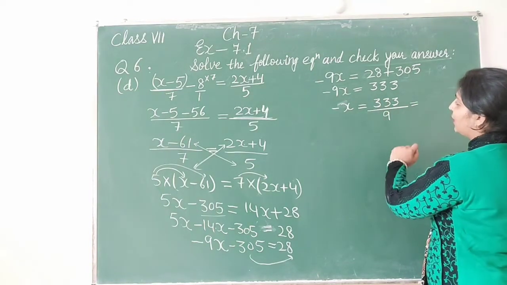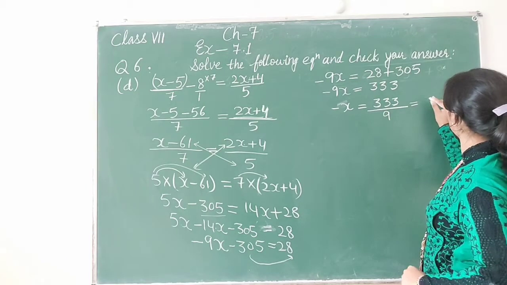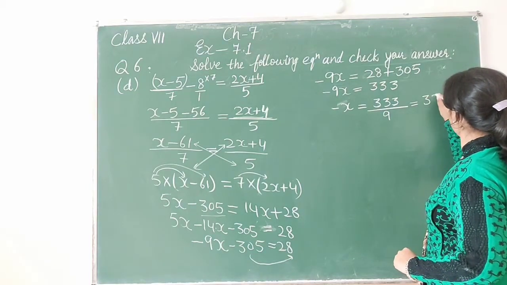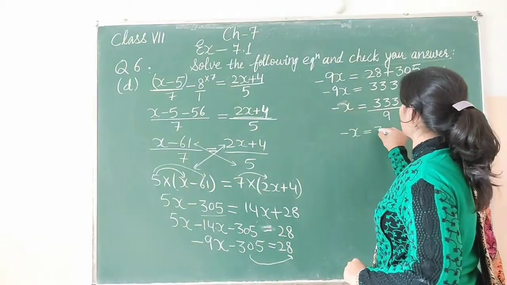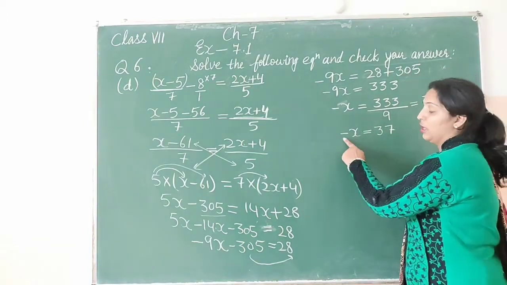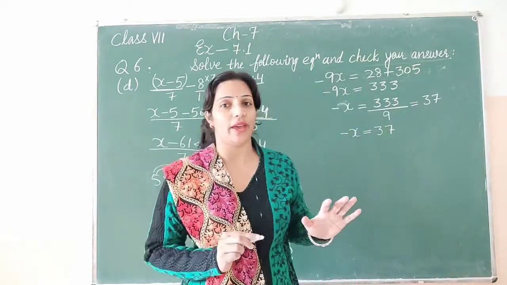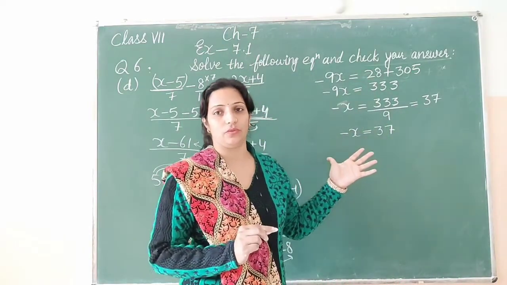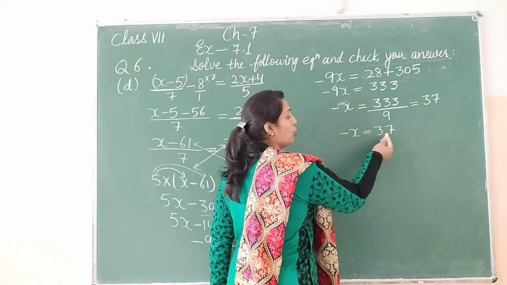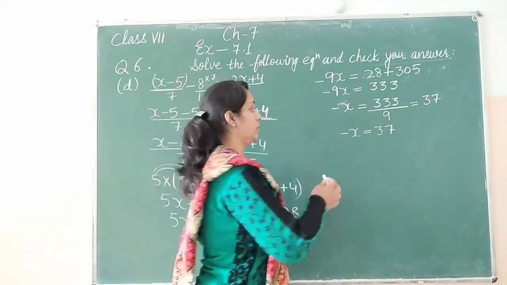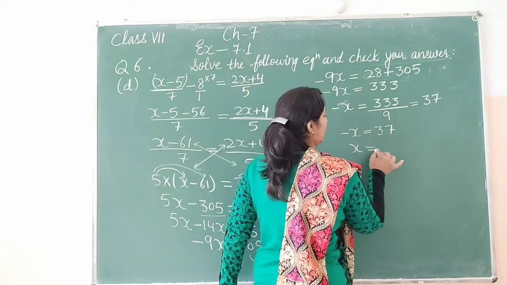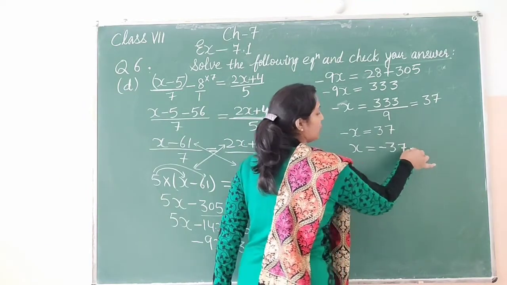When we divide 333 by 9, it will be 37. So negative x is equal to 37. But the final value of x should always be positive. So we can multiply both sides by negative 1 to make x positive. So then x is equal to negative 37.